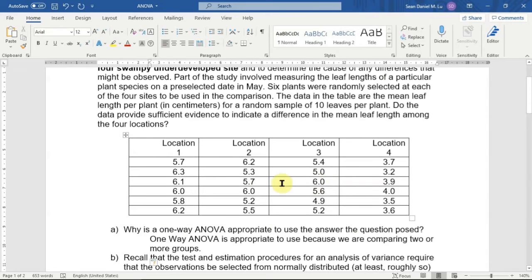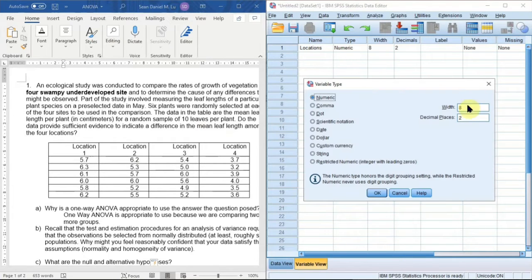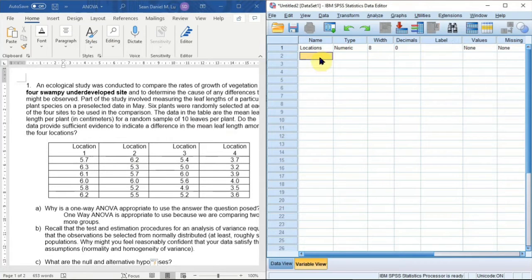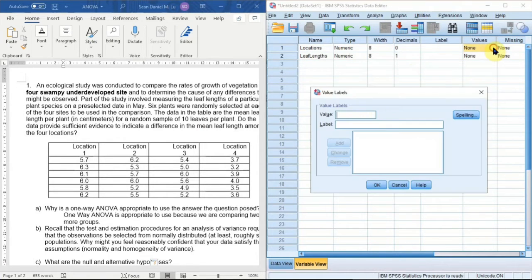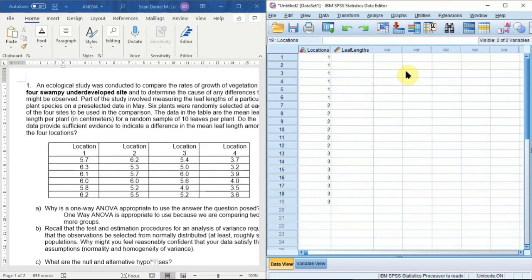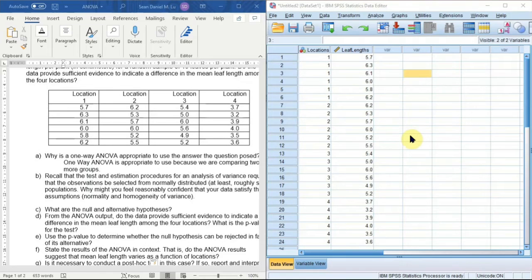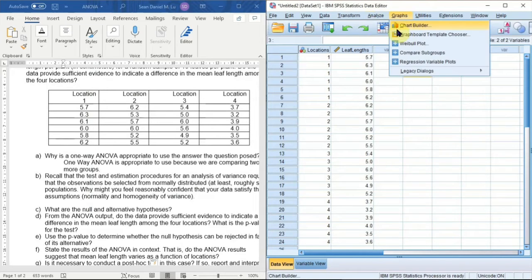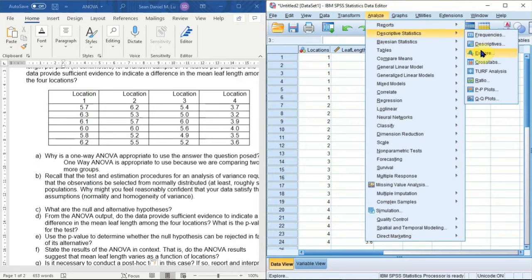I'll input the data first in SPSS. Now I'm going to test for normality: Analyze, Descriptives, Explore.